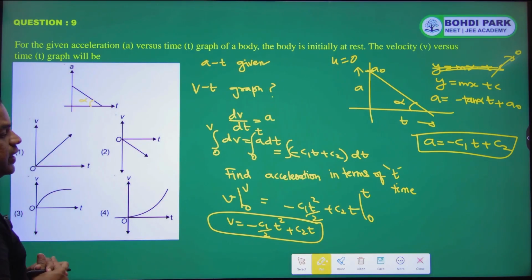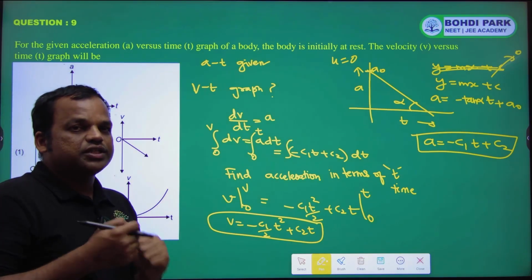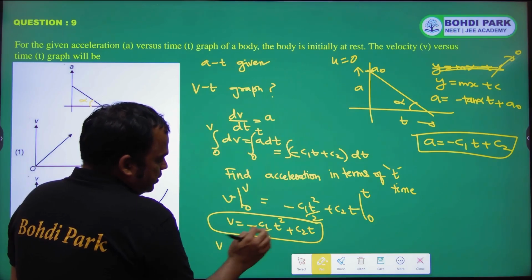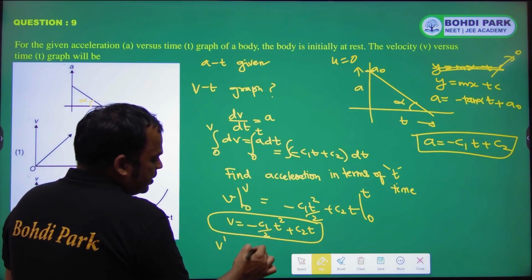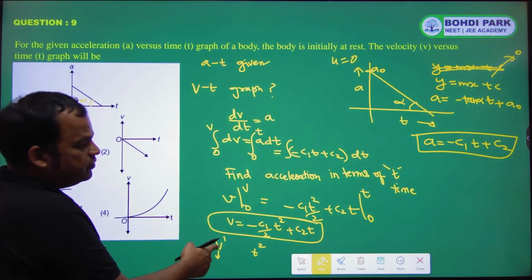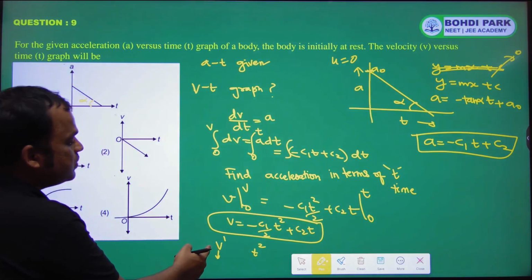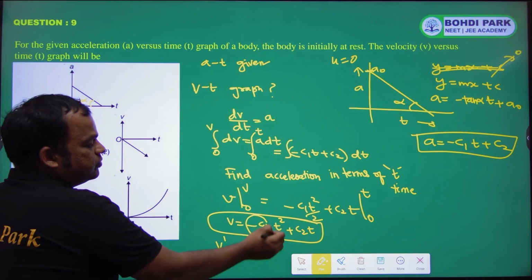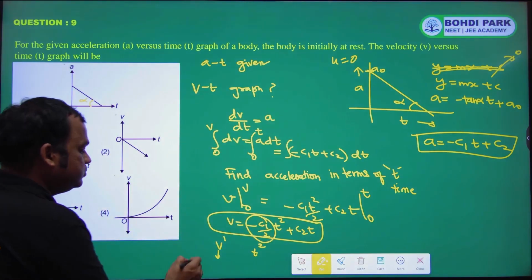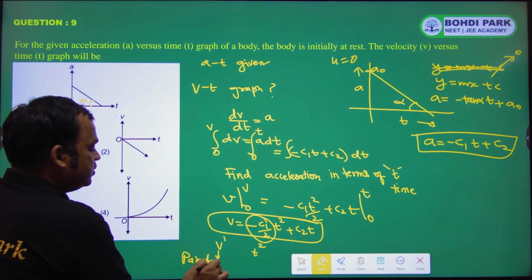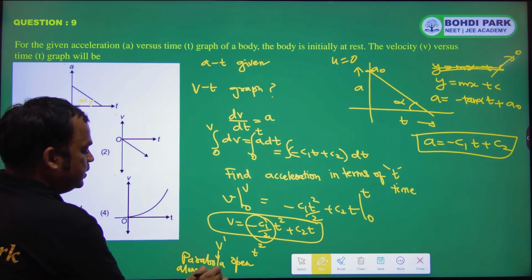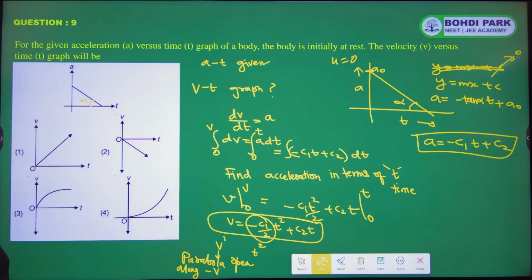Now we have to find the nature of the parabola. If you observe, the power of v is 1 and the power of t is 2, so the parabola will open along v, and this constant is negative. So the parabola will open along negative v.